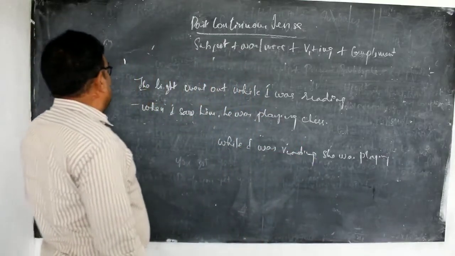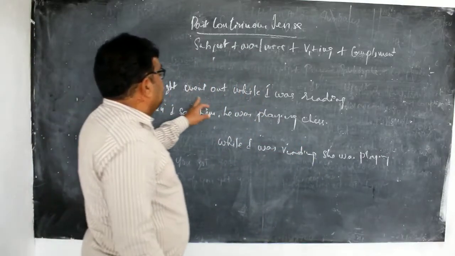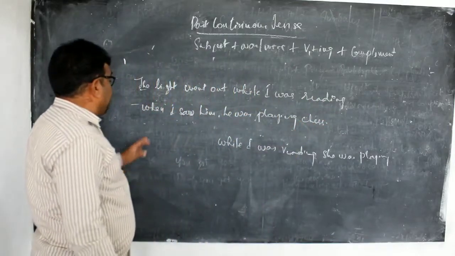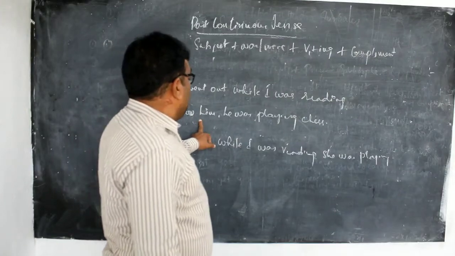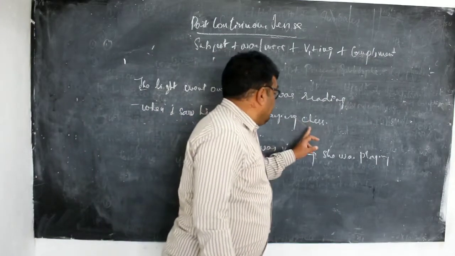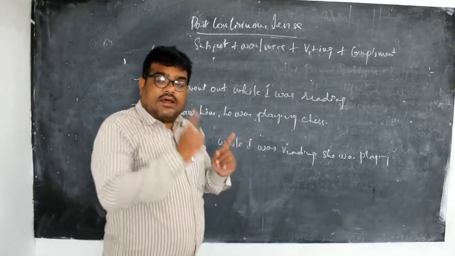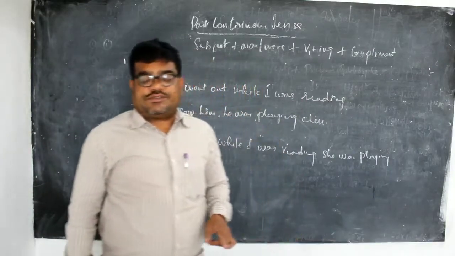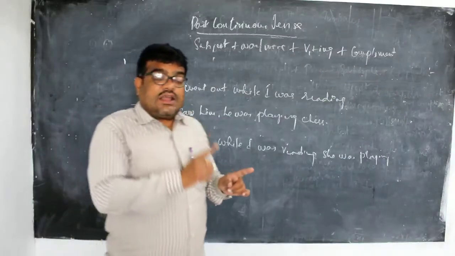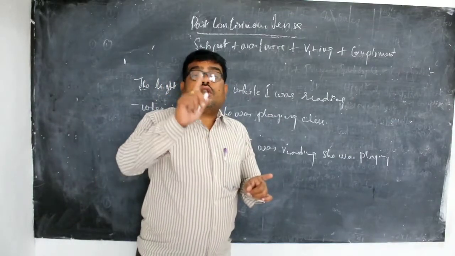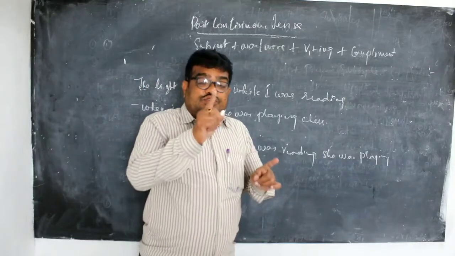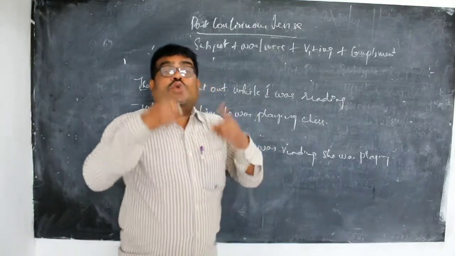Now come to another example. The light went out while I was reading. Another example, when I saw him, he was playing chess. Here we have used simple past and past continuous tense. The past continuous is used for the longer action, and the simple past is used for a new action.